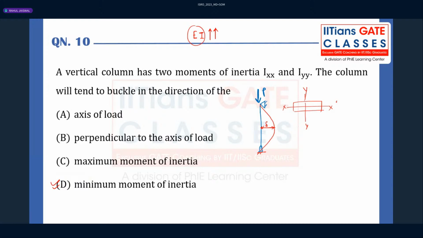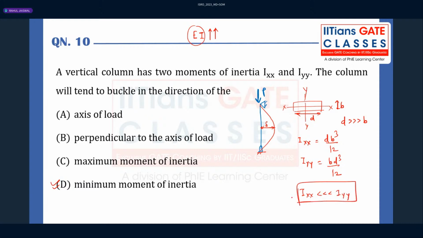So here, if I take one example with width B and depth D, when you calculate Ixx, you will have D B cubed by 12. When you calculate Iyy, you will have B D cubed by 12. So what you understand from here is that D is much more than B. So definitely Ixx will be lesser than Iyy.